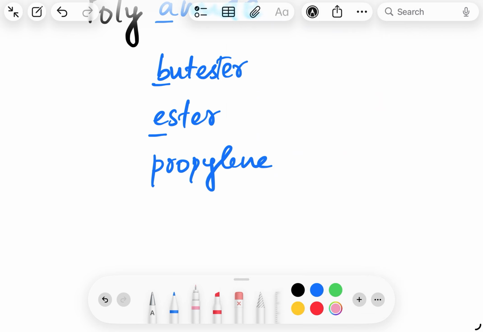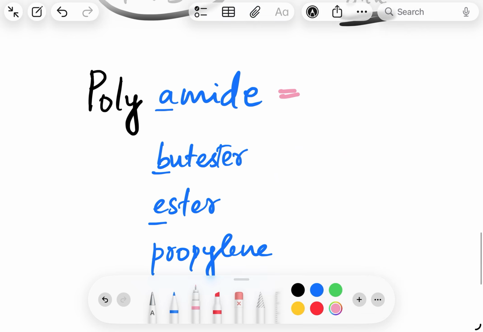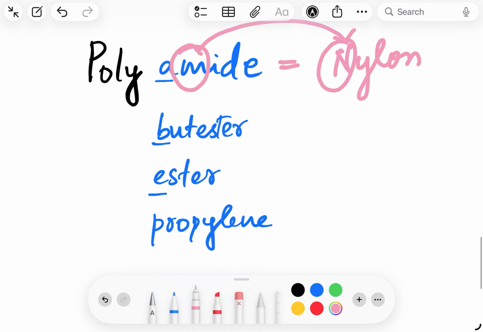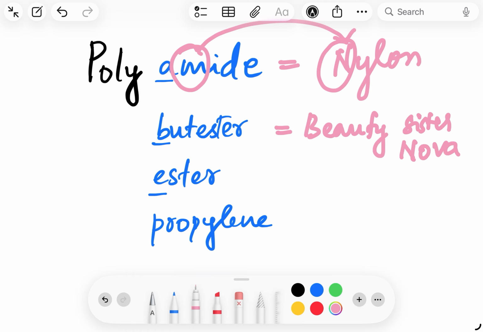Alright, so polyamide would be your nylon. How do you remember that? M for N. Polyamide, nylon. Polybutester. So just remember beautiful sister, Nova. Why? Because butester is Novafil.